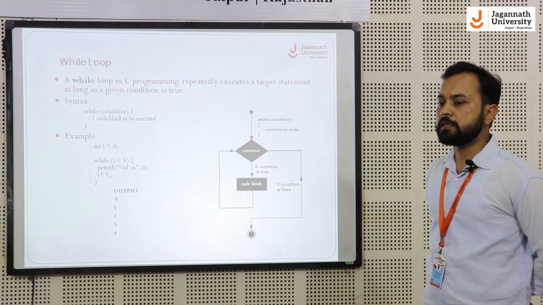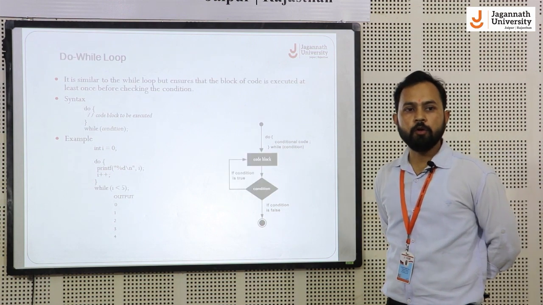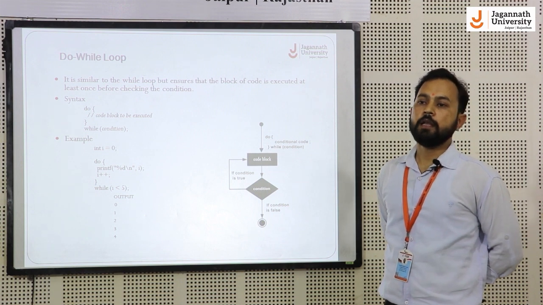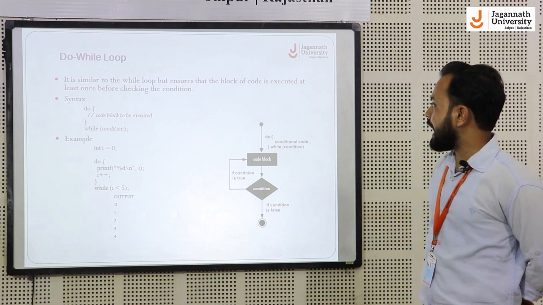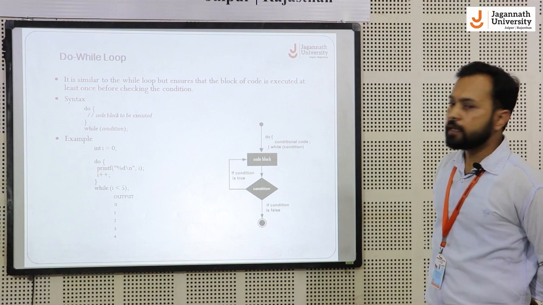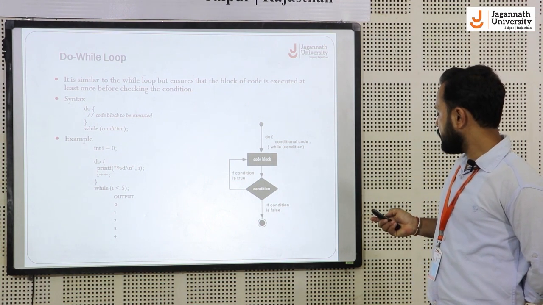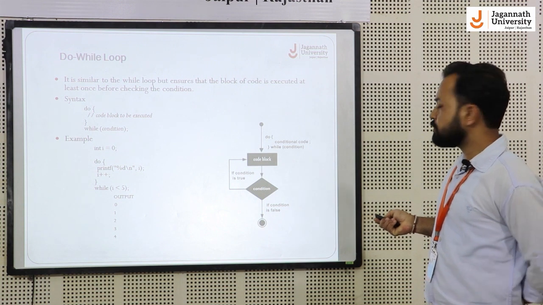Next we will discuss the do while loop. Between the do while loop and the while loop there is a difference. In a do while loop, first the code block is executed once, then the condition is checked. We can understand this using this diagram. Here the code block will be executed first.